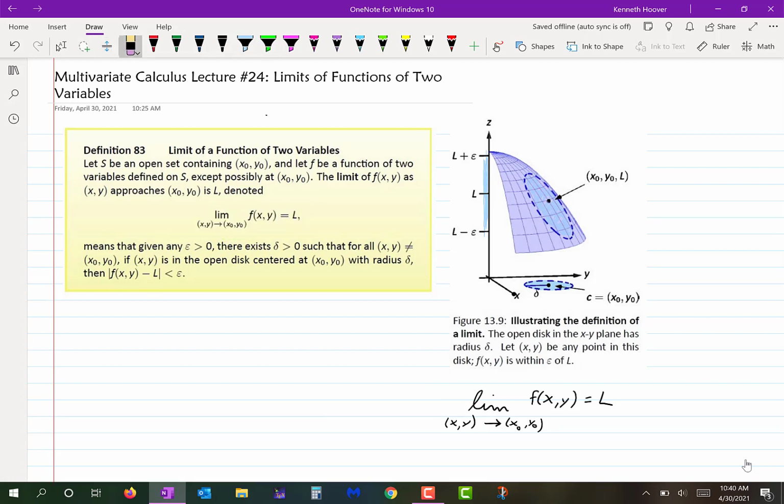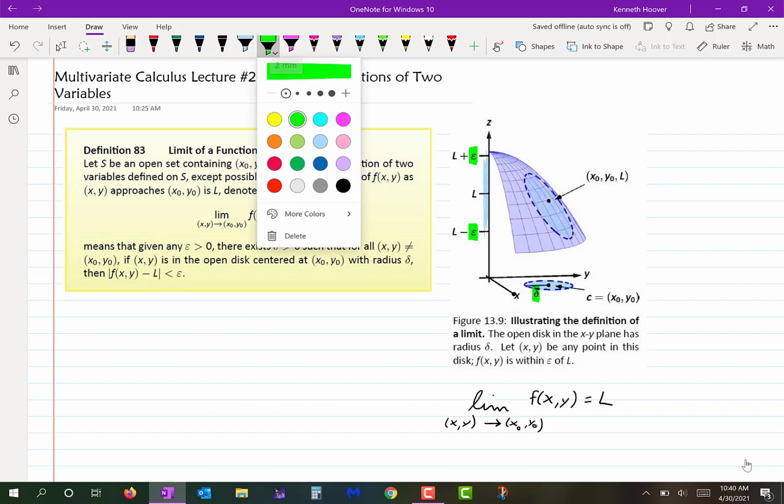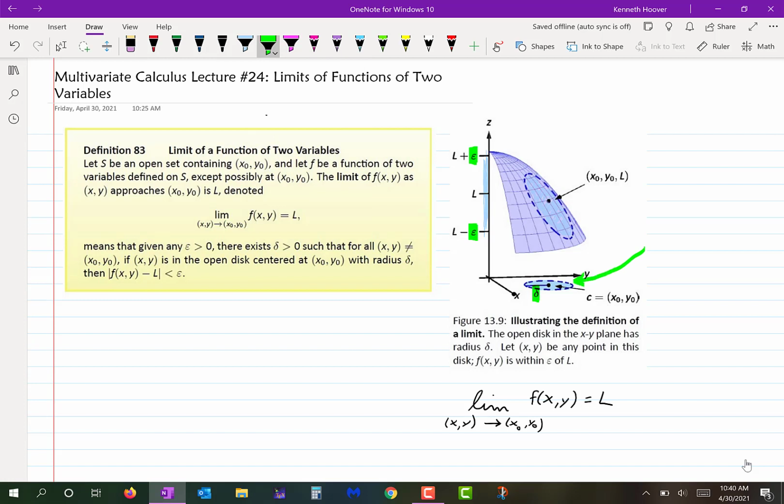Okay, and it means what? Given any epsilon greater than 0, there exists a delta greater than 0, such that if xy is in this disk of distance delta around x naught, y naught, then f of xy will be in this interval of distance epsilon around L. Okay?